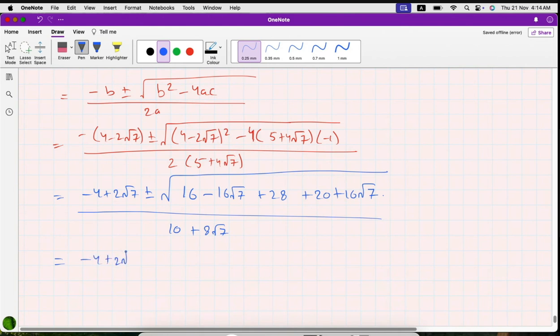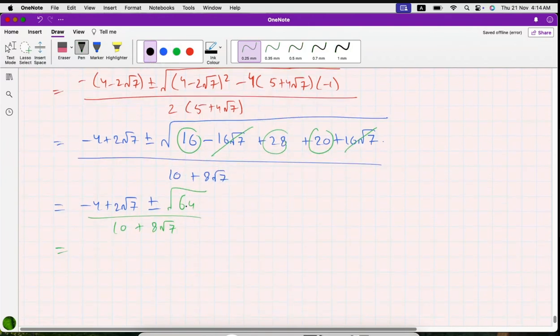Now we just collect these numbers: 16, 28 and 20. 16 plus 28 plus 20 is 64, and negative and positive cancel. This is 10 plus 8 square root 7.